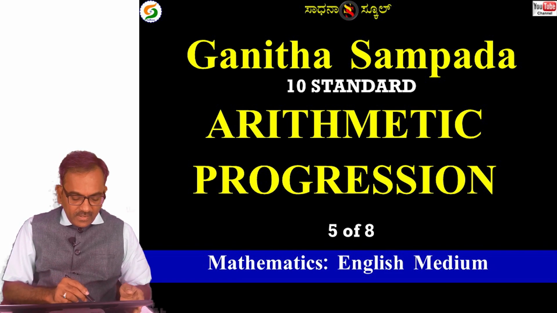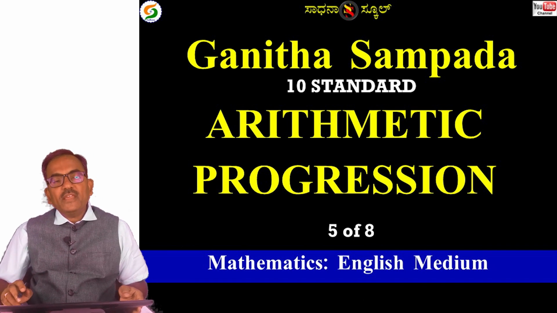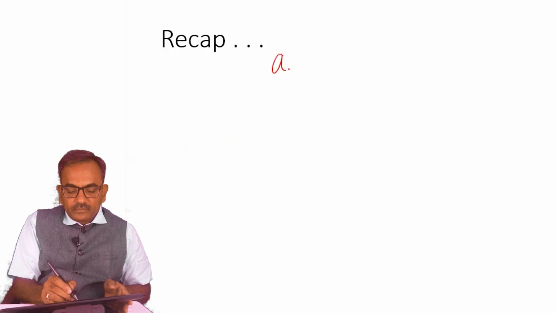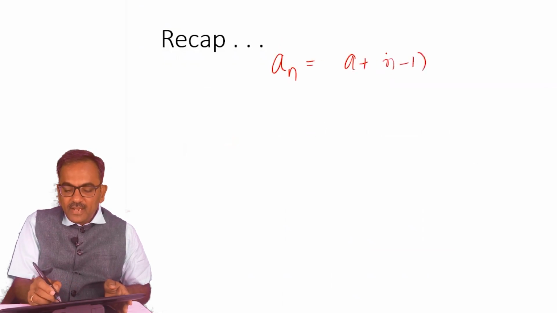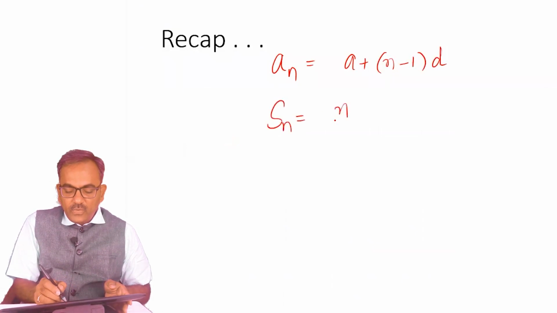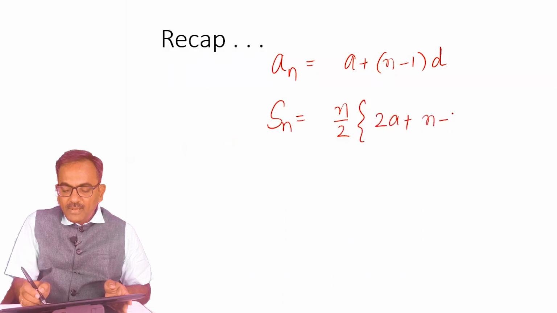Dear children, we have been discussing arithmetic progressions, and in that we have already discussed two important formulae. They are an is equal to a plus n minus 1 times d, and Sn is equal to n by 2 times 2a plus n minus 1 times d.